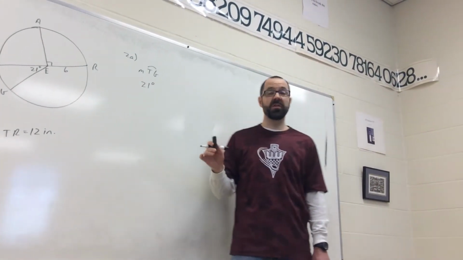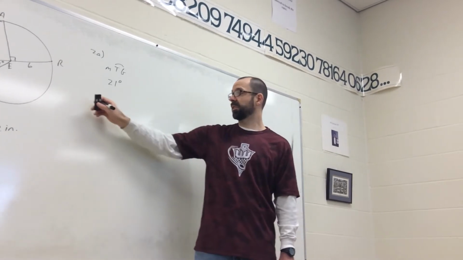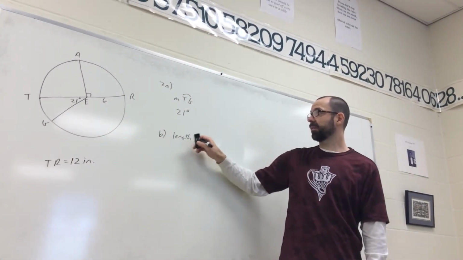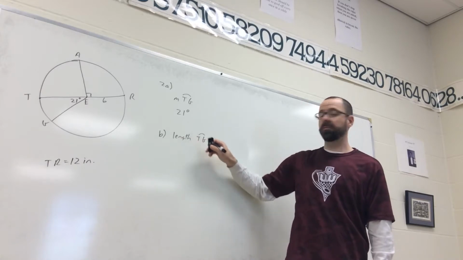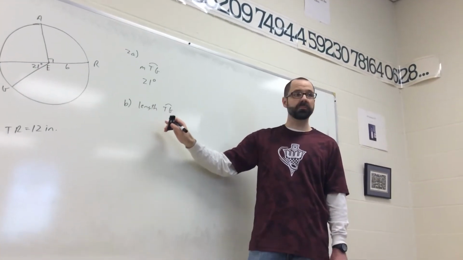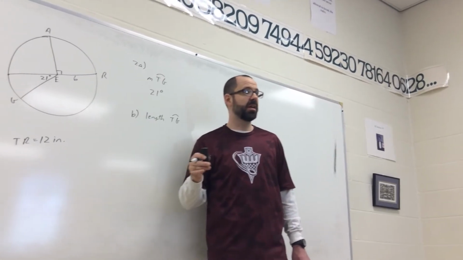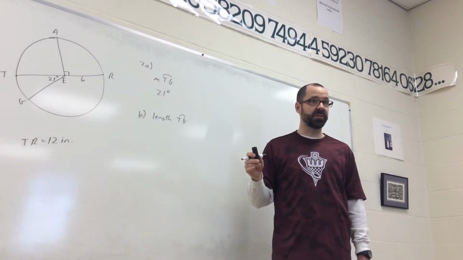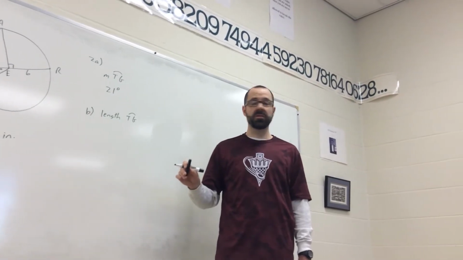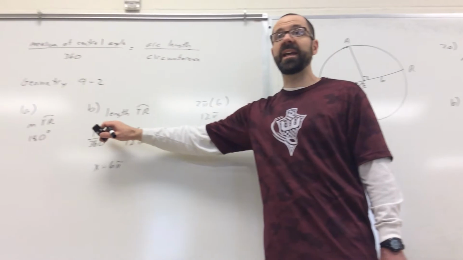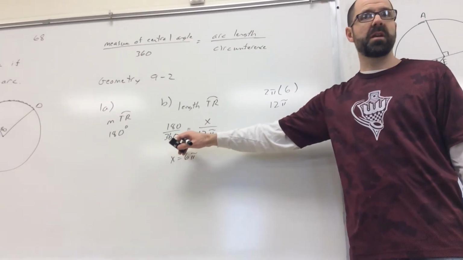Okay, so then if we want to know the length, so that's what 2b asks for, the length of TG. The measure is how many degrees it is, and the length is how many inches it is. So last time, the fraction was easy to deal with because it was 180/360ths, aka 1/2.